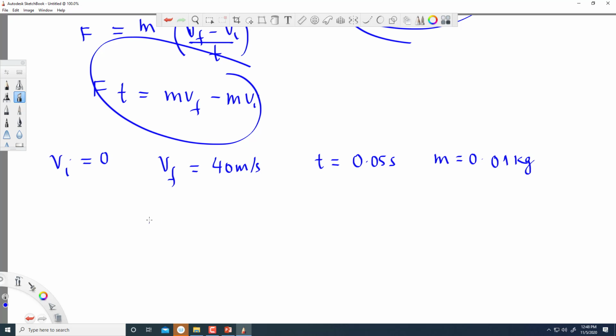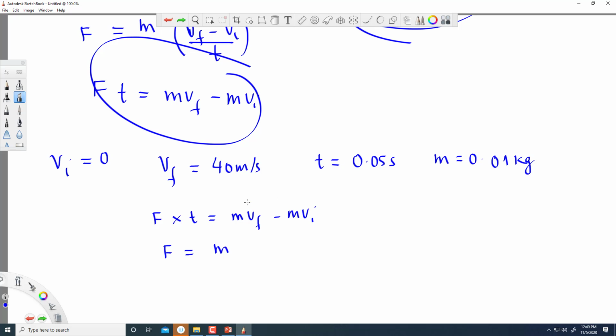So we want to find the force, and we know this formula. Force times time is mv final minus mv initial. Okay, force then would be equal to, we can write this formula as mv final.